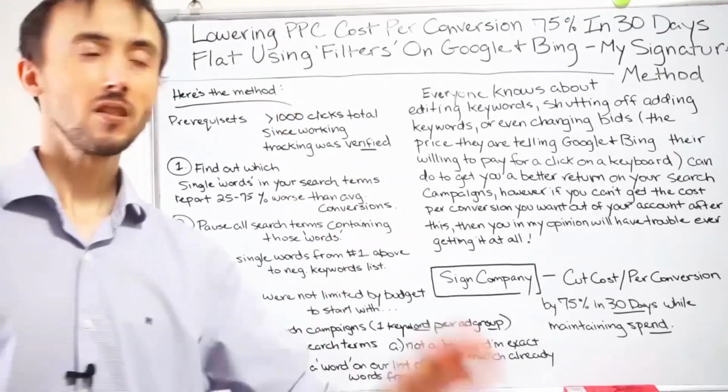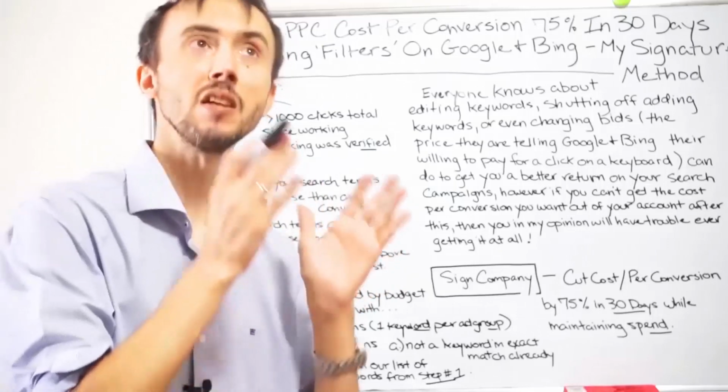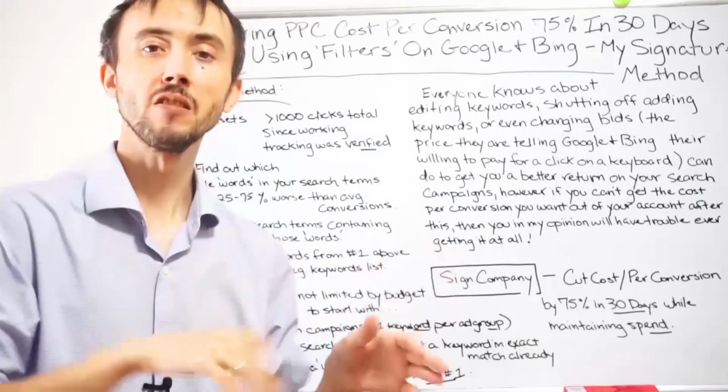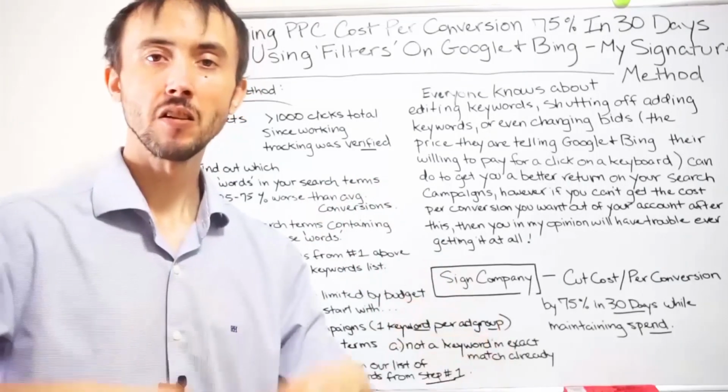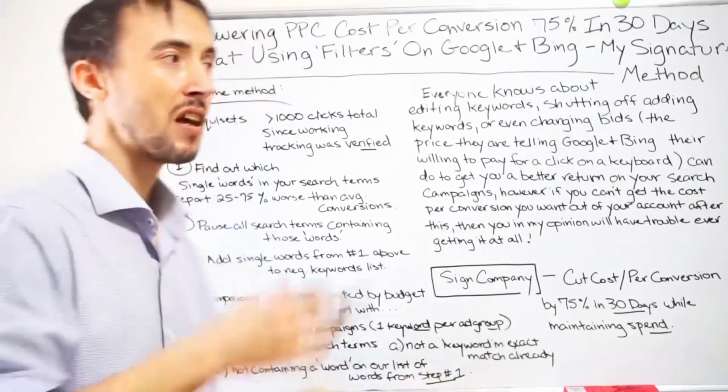Why is it not instant? Well, technically, you can be done in an hour, but you need to wait a few days because any changes you make in Google mess with their algorithm that learns how to run certain ads.